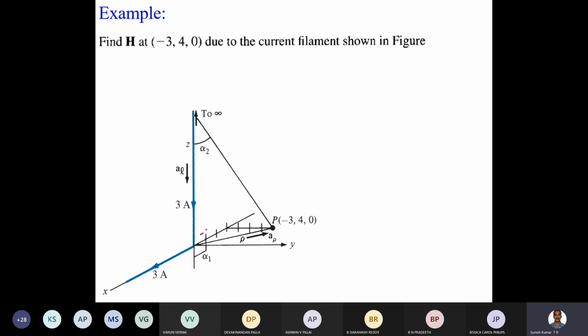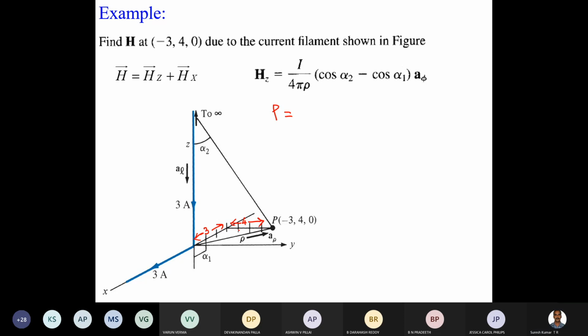This is minus 3, or you can say the length is 3, and this is 4 along y. Now, what is rho? 5, sir. Rho equal to, yeah, don't think rho equals 4, because it is the radial distance we need to take. If you don't understand, that's why I have inserted this kind of picture.